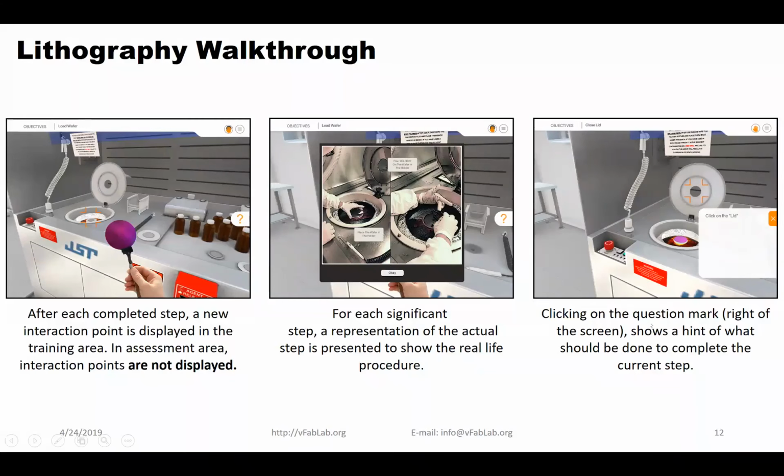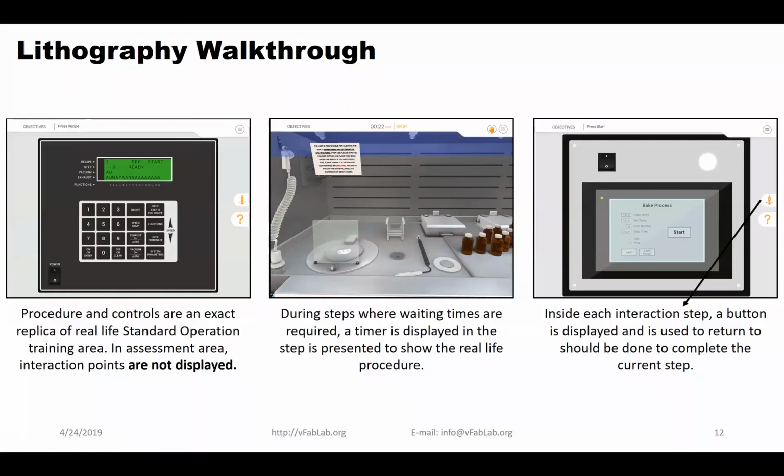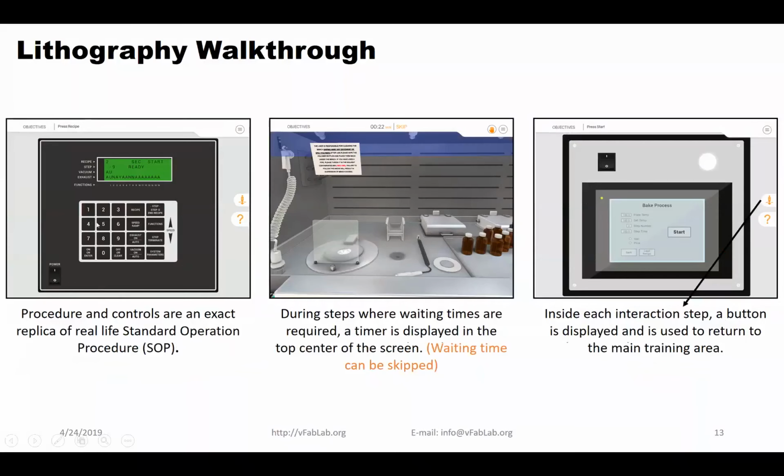If you have any question, there is a question mark button. Whenever you click on that, it will show you a hint of what should be done to complete the current step. There are control panels displayed, and the procedure and controls are an exact replica of the real-life standard operating procedure or protocol, the SOP.